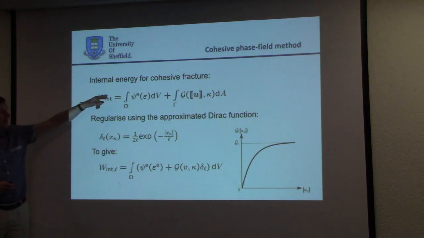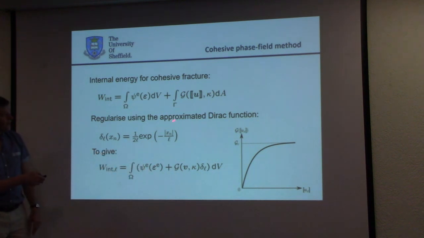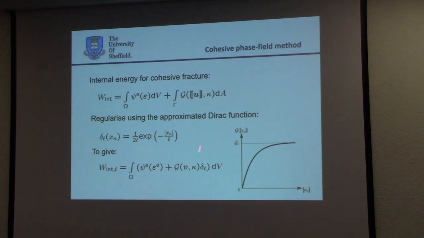So you plug this in here, and this part remains the same, and you replace this integral over the surface by, again, a volume integral, where here you have this regularized Dirac function, this delta L. And here you have a fracture energy function, which is a function of a field V, which is the interpolation of this crack opening.